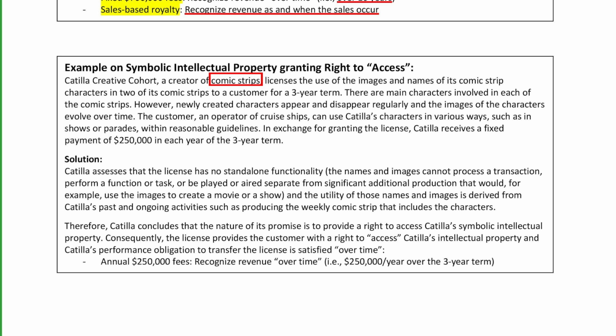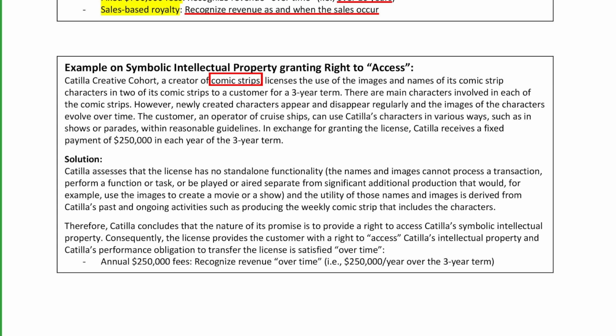However, newly created characters appear and disappear regularly, and the images of the characters evolve over time. The customer, an operator of cruise ships, can use Catala's characters in various ways, such as in shows or parades within reasonable guidelines. In exchange for granting the license, Catala receives a fixed payment of $250,000 in each year of the 3-year term.